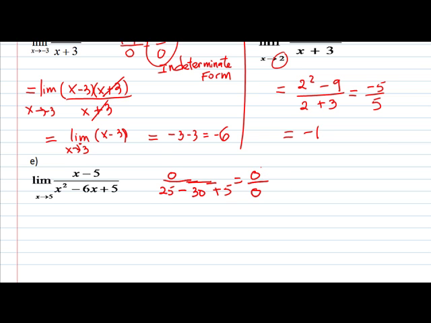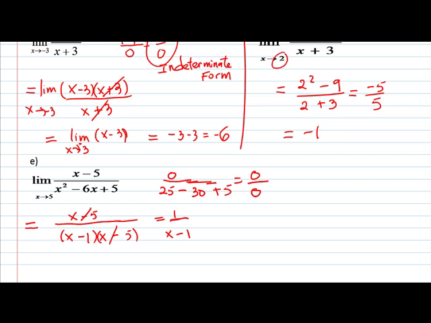So when this happens, all we have to do is go back and try to rewrite our function by factoring. So I have x here, x there. The plus sign means I have two same signs. So I have 5 and 1. This cancels out. I have 1 over x minus 1.